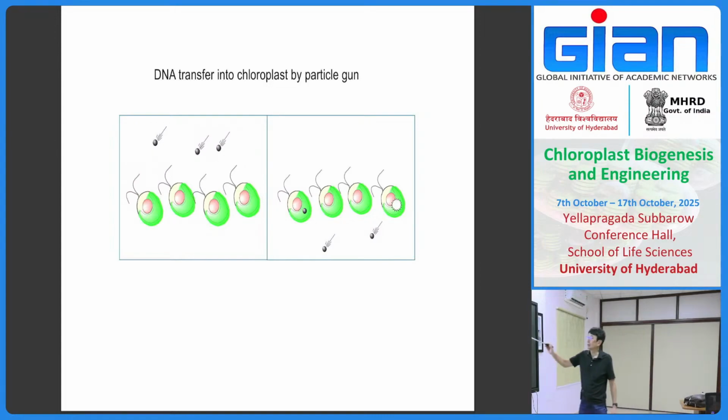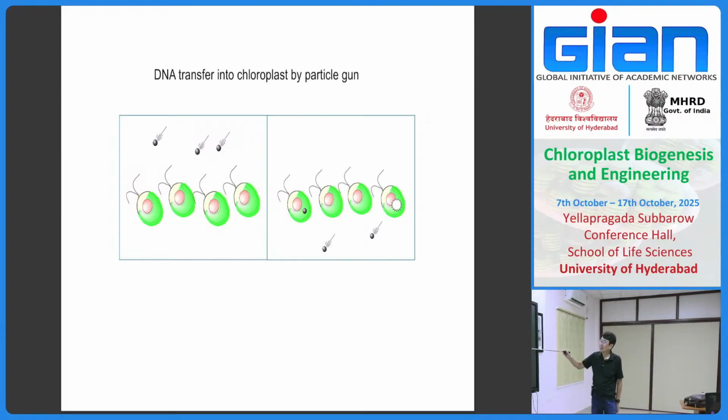Then we shoot the Chlamydomonas cells with the particle gun at the speed of sound, 300 to 400 meters per second, very fast. Then the particle may hit the cells like this, make a big hole, and then the cell will die. And maybe some cells may not be hit by a particle.